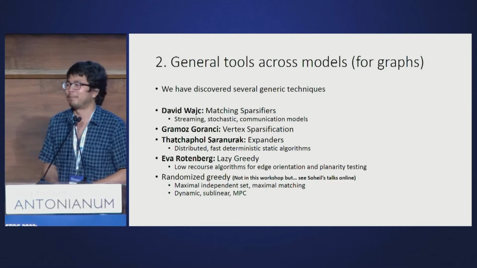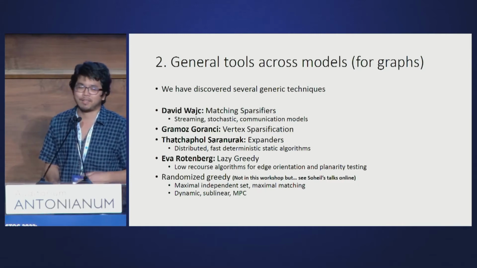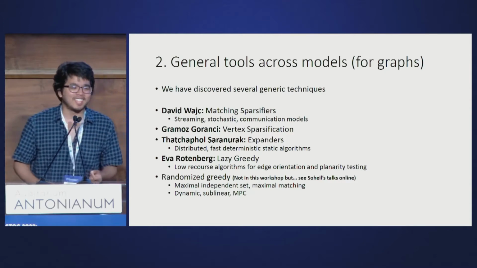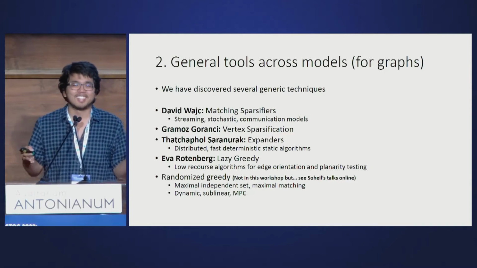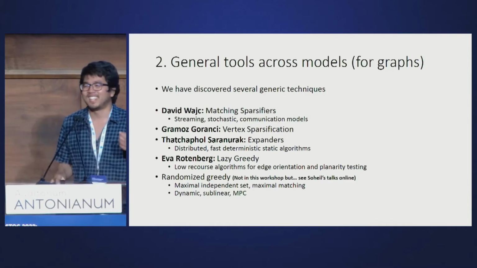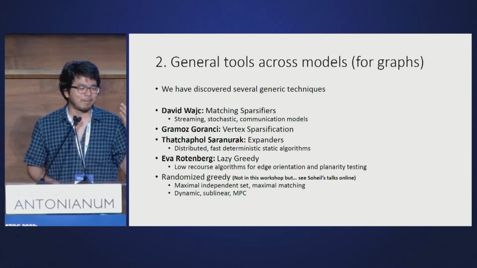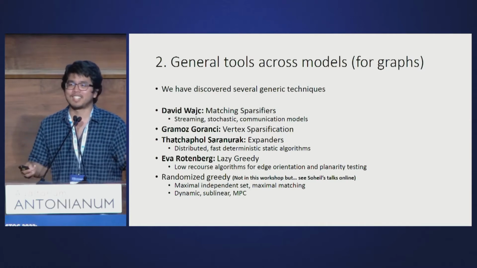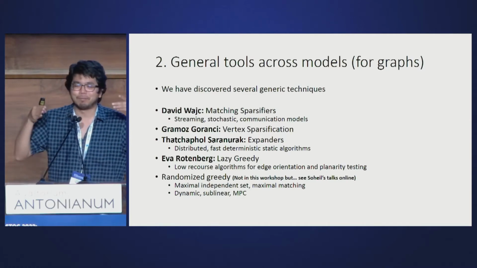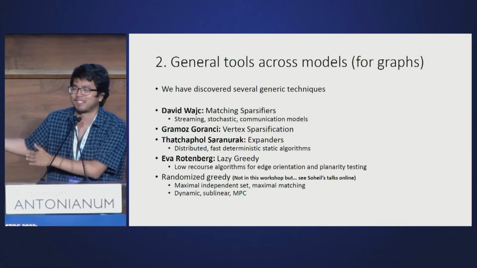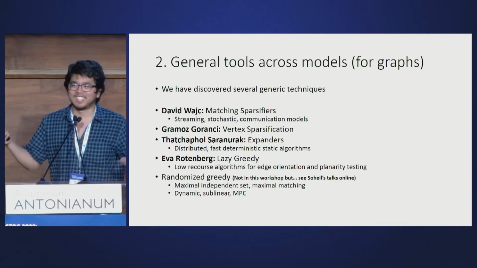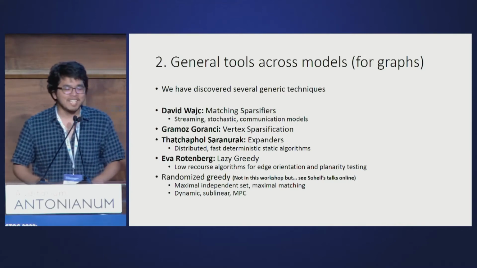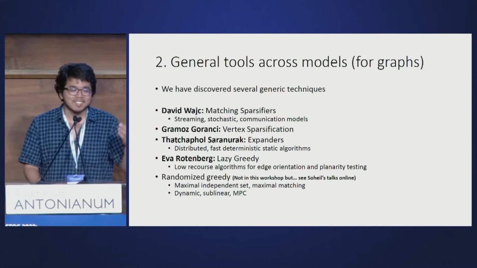It can be about distance, it can be about effective resistance, it can be about flow. And the very cool thing, which Gramoz will talk about, is that if you have a fast algorithm for vertex sparsification, then there is some black box reduction that gives you a dynamic algorithm for free. So this is a tight connection between two fields, and many dynamic algorithms are obtained using these techniques.